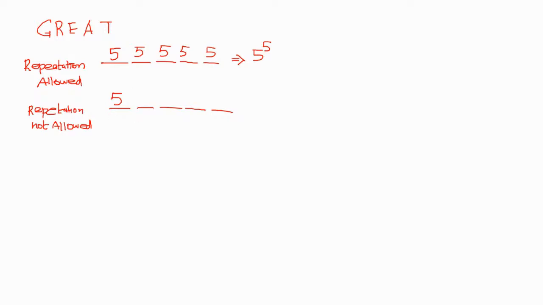And if I go for the second place, if I use G in the first place, I can't use the same letter G over there. So it is only four possible ways. And in the third place, only three possible ways. In the fourth place, only two. And in the fifth place, only one. So if we multiply these values, we can say it as 5 factorial, or else the value is going to be 120.